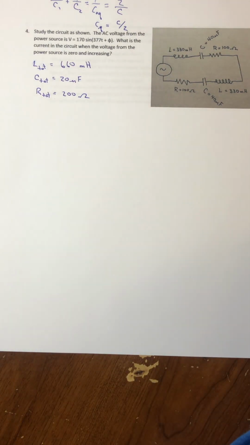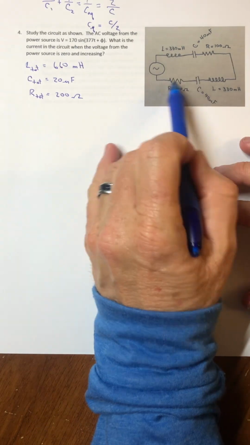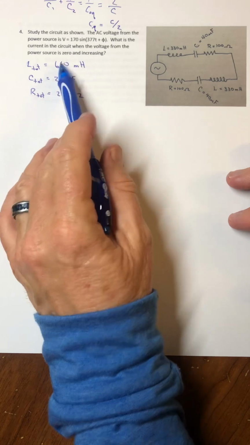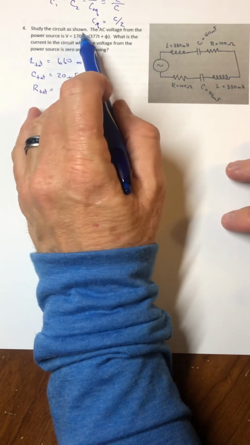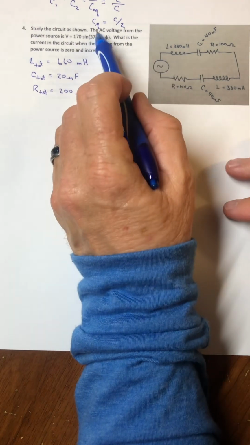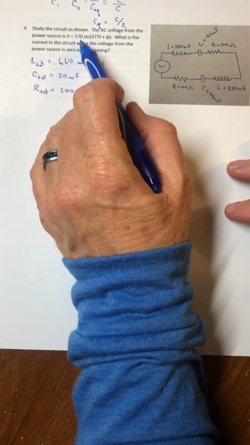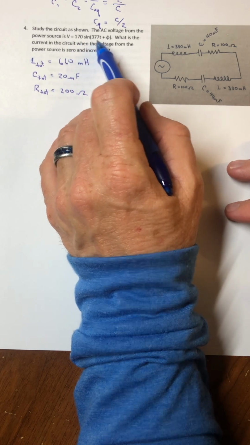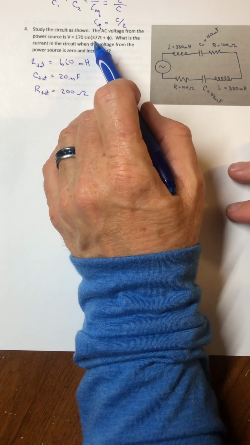Okay. So moving forward on this problem, I'm going to think of this AC circuit like we derived in class, where we had just one inductor, one capacitor, and one resistor. And that's really what I have. So when it says study the circuit, that's what I'm thinking. Because now I'm going to apply this voltage. It looks like a wall plug in North America. It peaks at 170 volts, has an angular frequency of 377, which means its frequency is 60.